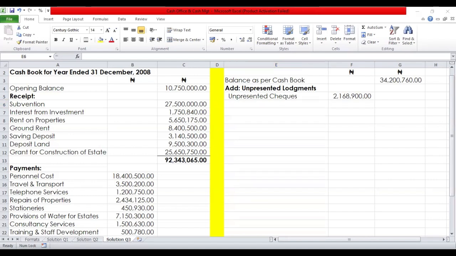The first one is 1,370 prospective landholders deposited 5,000 naira each, while 580 deposited 10,000 for high and low area of the new estate. That should increase our cash flow. Fine, good observation.